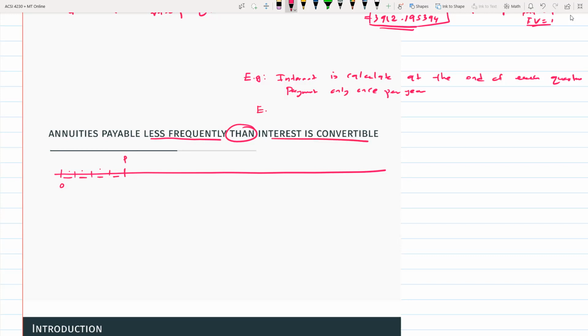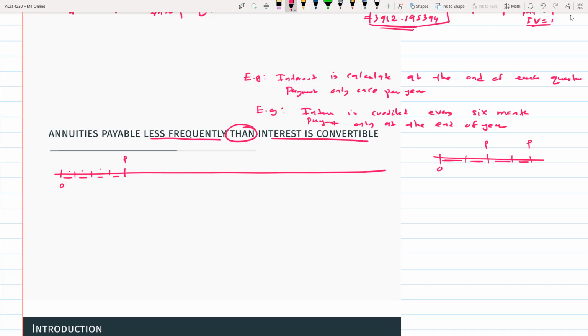Another example would be interest is credited every 6 months, and payment only at the end of the year. So in that case, if I draw the timeline, this is 6 months, this is 6 months, so you get the interest, but the payment is only at the end of the year.